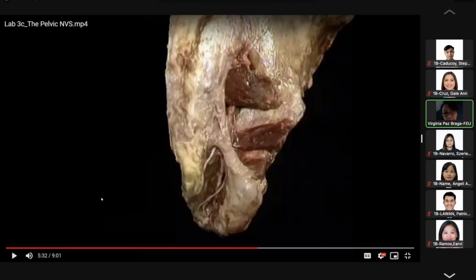What is that other structure that accompanies the pudendal nerve? Internal pudendal artery, Doc. Okay, very good. So the two go together. So they both pass through the greater and the lesser sciatic foramen. Very good.